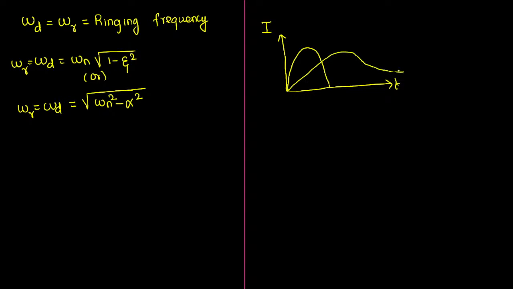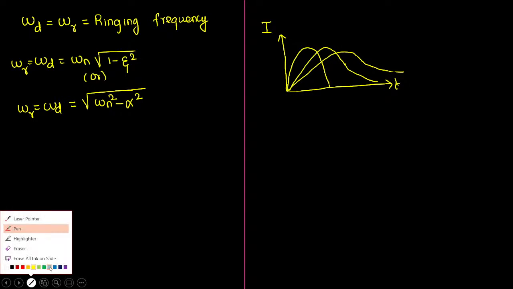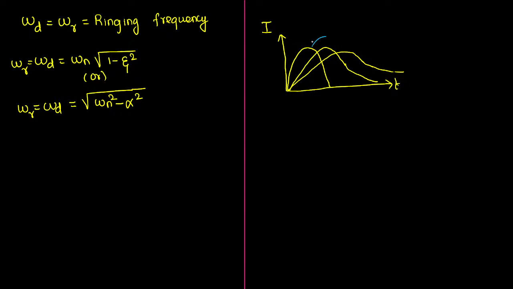Then it will be going to 0. Then it is time to observe the critically damped system. It will be slightly like this. These things are a little bit important from the IES point of view. This is the under damped waveform, and this is the waveform of current when we are considering over damping.